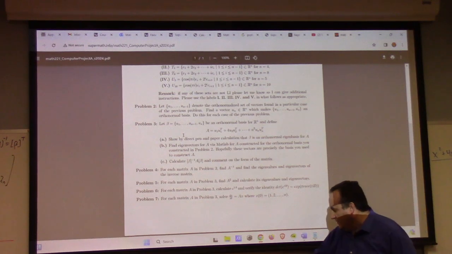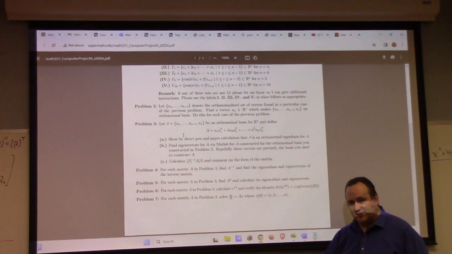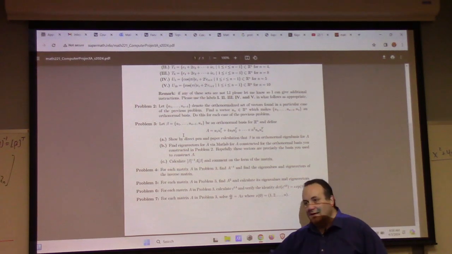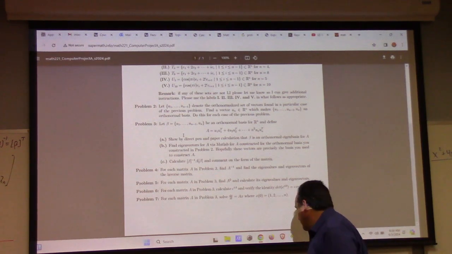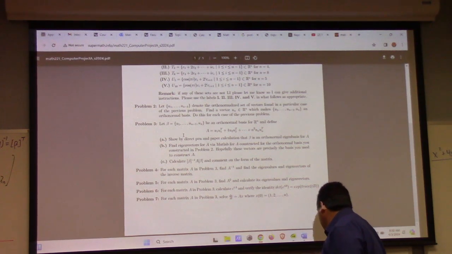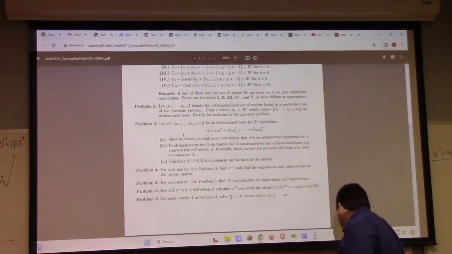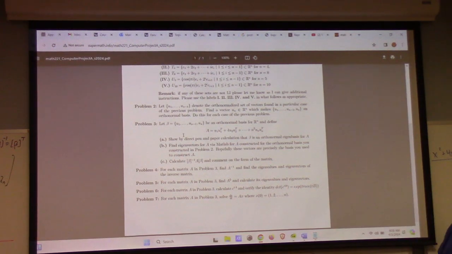If these are orthonormal, these are dot products. What's un dot u1? It's 0. What's un minus 1 dot u1? It's 0. What's u2 dot u1? It's 0. All of this vanishes except for the first term, which gives you u1 transpose u1. That's u1 dot u1, which is the length of u1 squared. But what's the length of u1? You passed it through the Gram-Schmidt algorithm, so it's length 1.